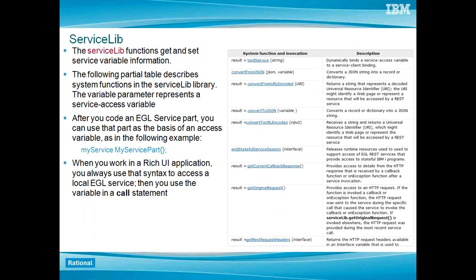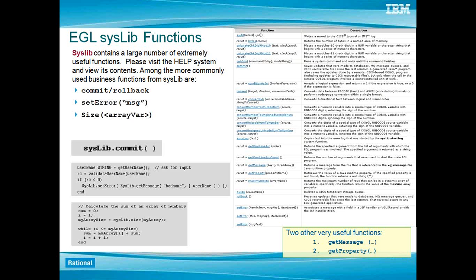Same way we have service lib. When you are going to manipulate your services, these libraries will help you. Same way we have syslib. For example, if you want a dynamic connection with your databases, there are some helper functions present inside this syslib.